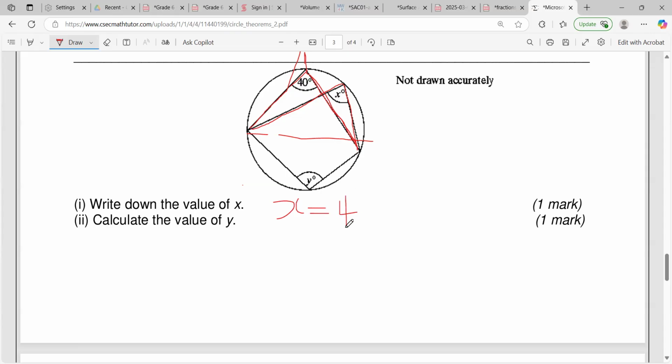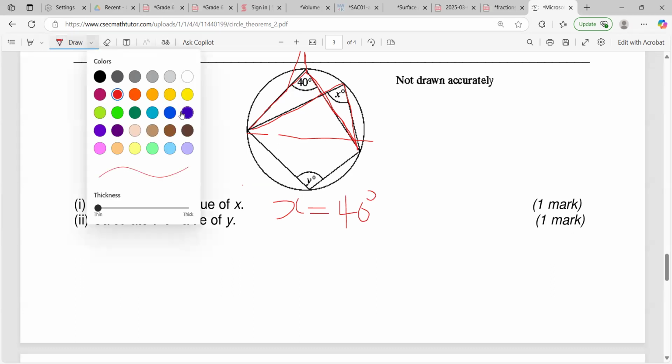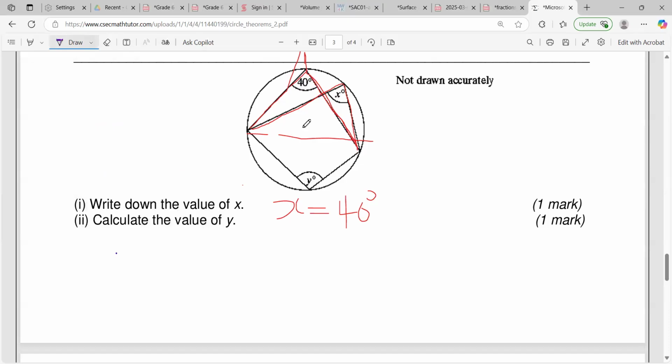You notice how they say write down? Literally no need for calculation, right? All right, I can figure out y now. I'm going to use a different color. If you look at this, there are two ways we can do it. This one is a cyclic quadrilateral.